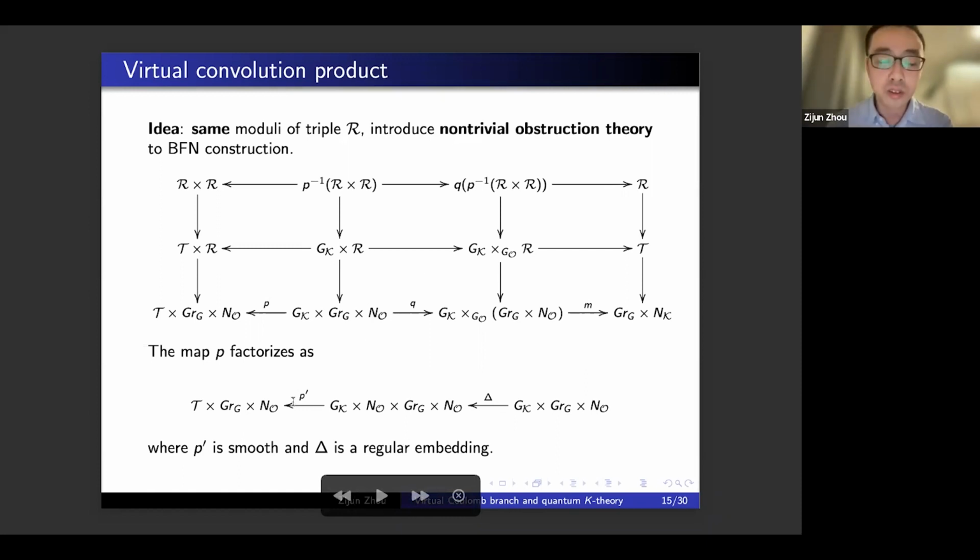So all the convolution products are given by pullback and push forward along this way. All the intersection theoretic operations involved in this construction are smooth pullbacks, Gysin pullback along this regular embedding, and proper push forward.